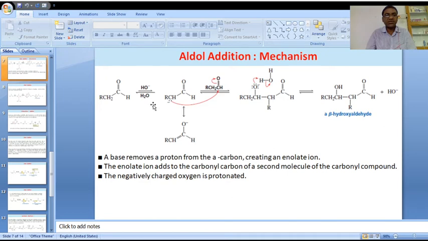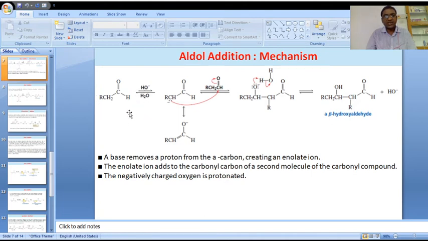The reaction proceeds with the strong base we are using, OH minus. That OH minus first removes a proton from the alpha carbon. That is the reaction initiation step.